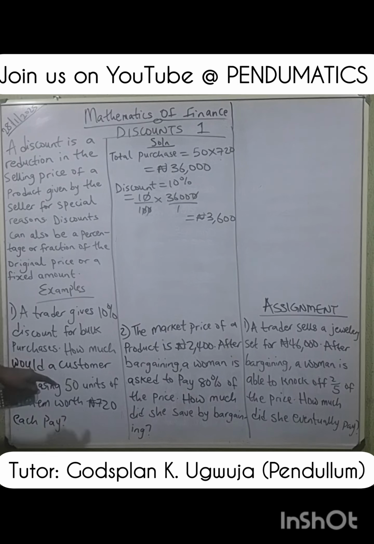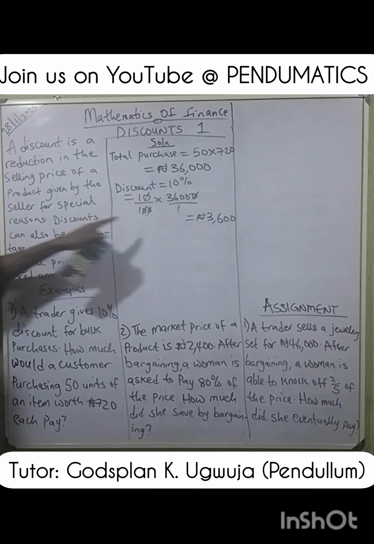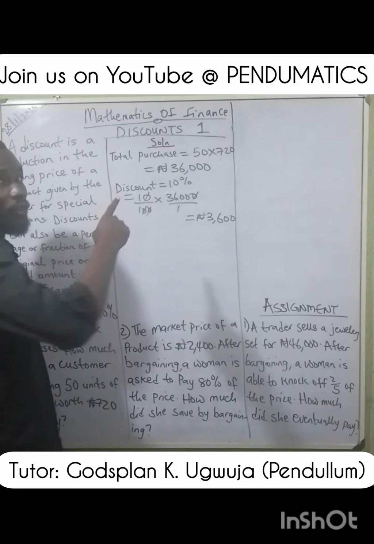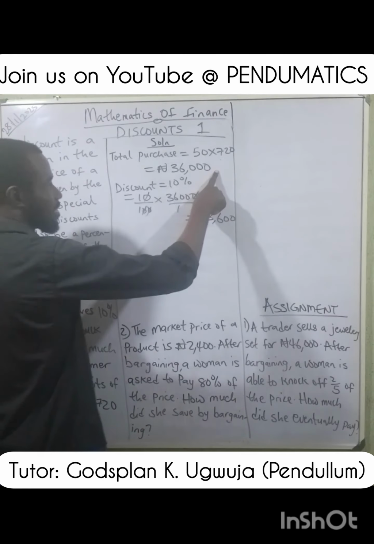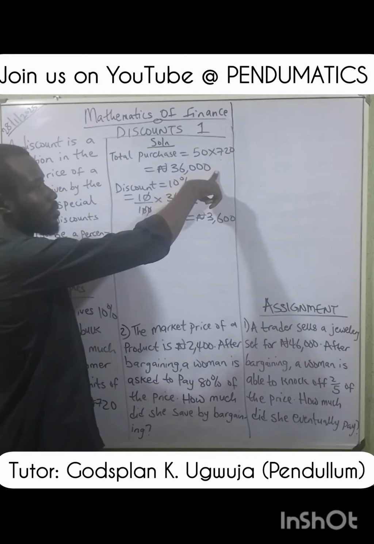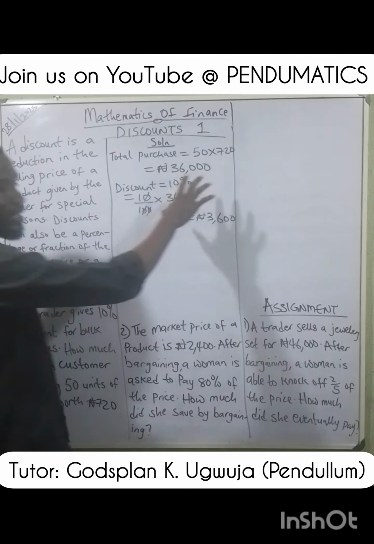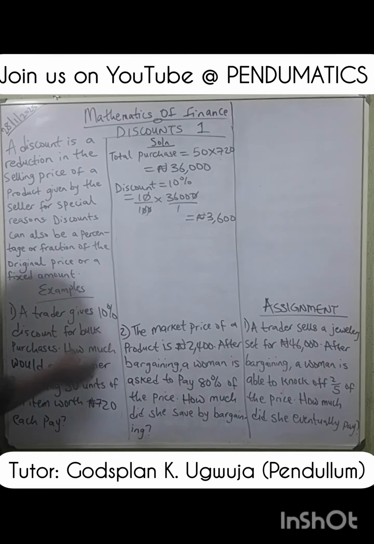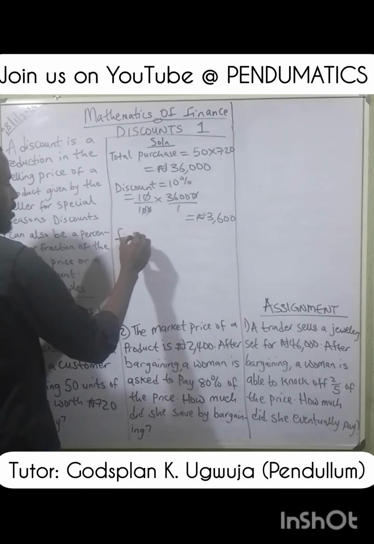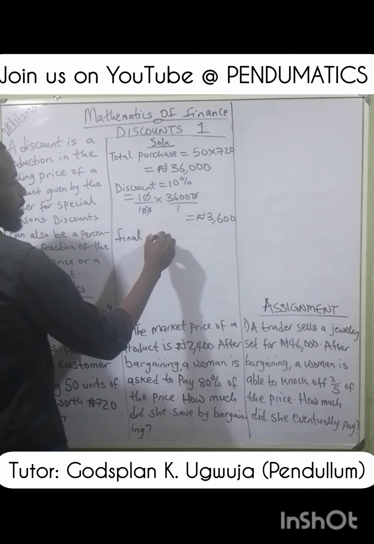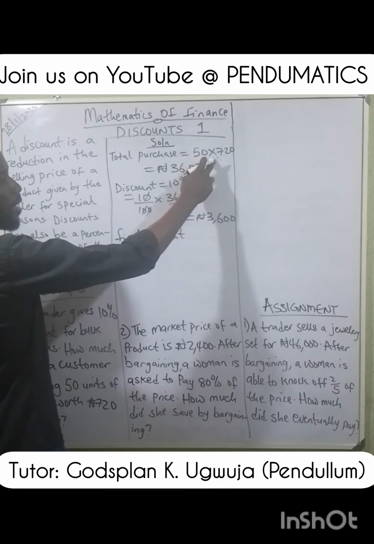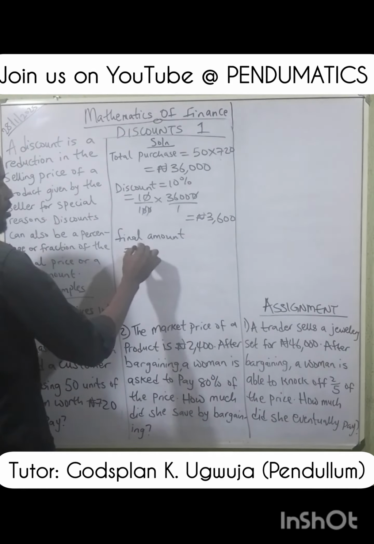So the question we have to find is not the discount he's going to get. We have to find how much he will eventually pay. Now, the total worth of what he bought is 36,000. This is the normal price. But then he was given a discount of 3,600. So the final amount will now be this total amount minus the discount.